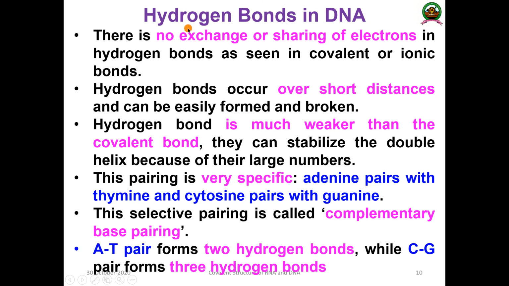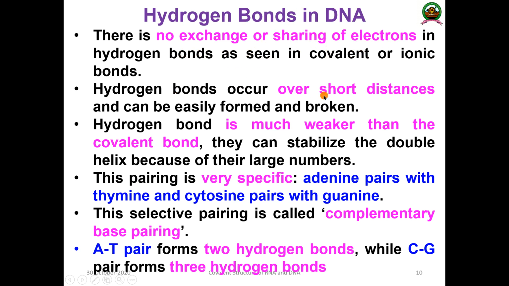The hydrogen bond is a non-covalent interaction. What is a non-covalent interaction? It is an interaction where there is no exchange or sharing of electrons, as seen in a covalent bond or ionic bond.